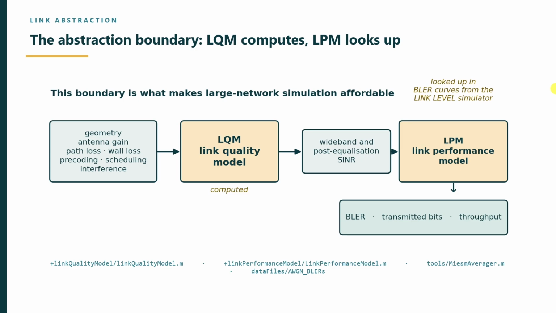The link performance model compresses that with MIESM averaging, reads a block error rate curve, and returns transmitted bits, looked up. Keep that in mind for the second half. When you see SNR keep moving while throughput stands still, that is not a bug. This is a boundary in the measurement.